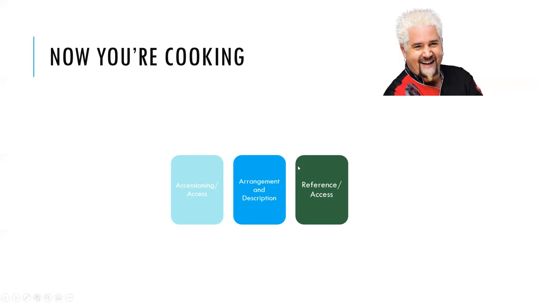And they're able to provide information to researchers in a much more efficient and effective manner. Online access can certainly be improved by increased arrangement and description as well. So just having more information about what the records are, and that can be passed on to researchers in an online format.